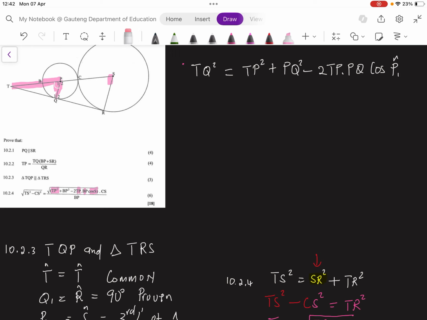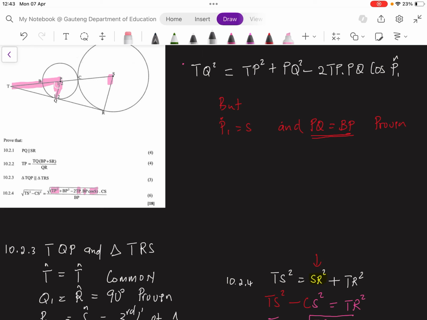But we know very well that angle P1 is equal to angle S, and PQ is equal to BP. It is proven already above. So these two are radii, and these two angles, they are corresponding.